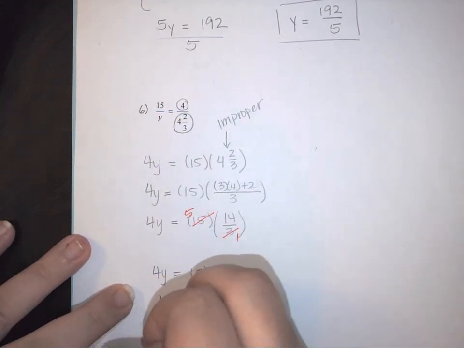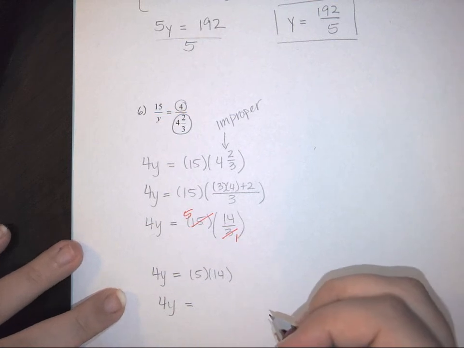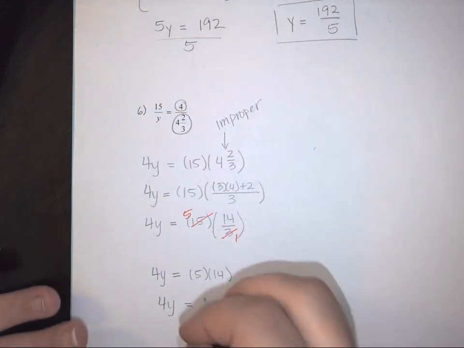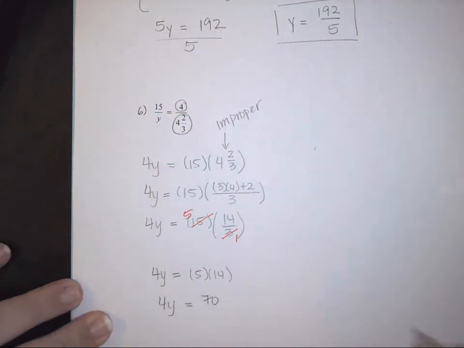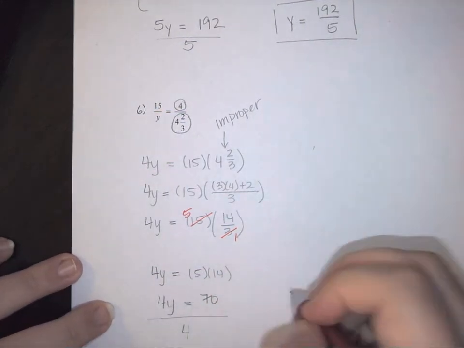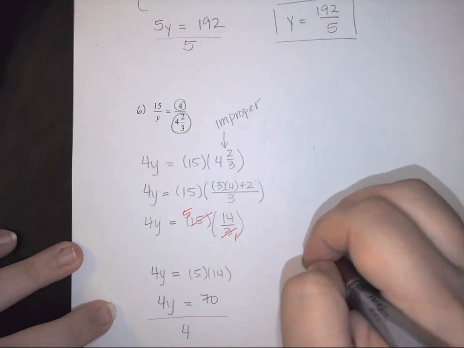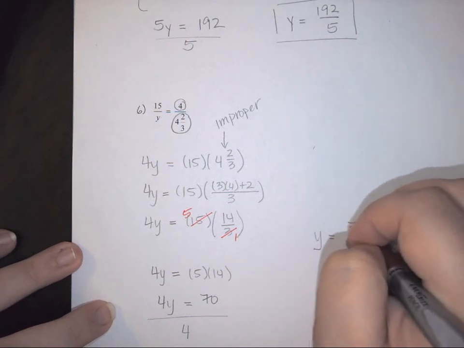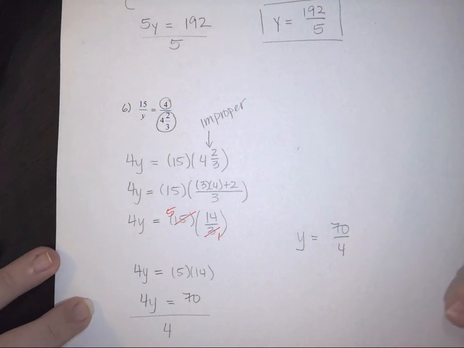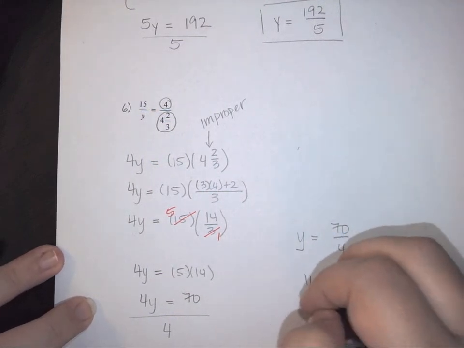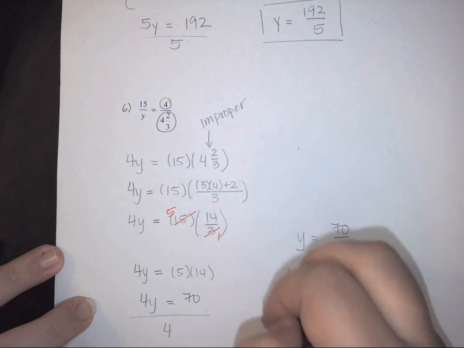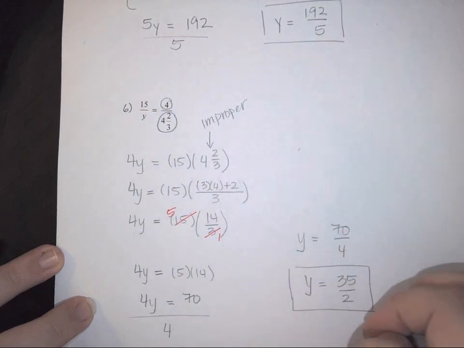So my 4y is equal to 70. Therefore, I need to divide everything by 4. So I get that y is equal to 70 over 4. However, this can reduce. So y is actually going to be 35 over 2, and this is the proportion.